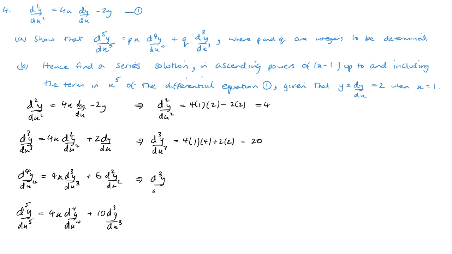d3y by dx cubed is equal to 4 times 1 times 20 plus 6 times 4. So that's going to be 80 plus 24, so it's going to be 104.